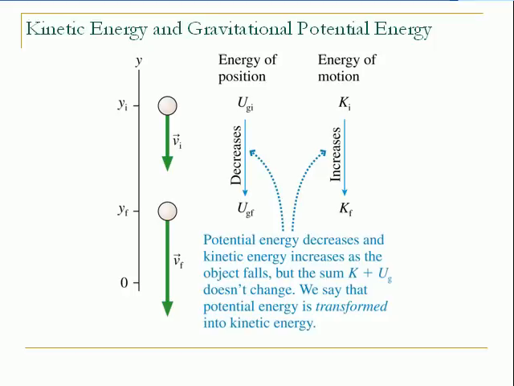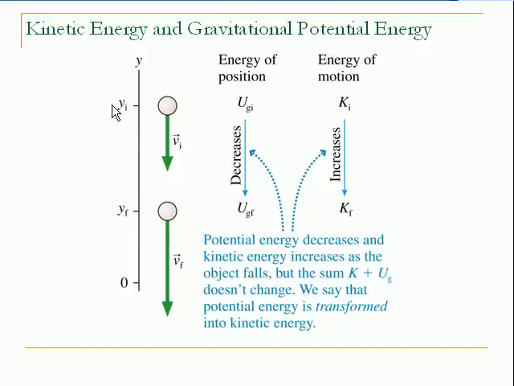An example where we have an isolated system is in a free fall. So we have a ball here that's falling, and as the ball falls, so if I were to drop it, you're going to notice that the gravitational potential energy is going to decrease, right? Because the height value is getting smaller.